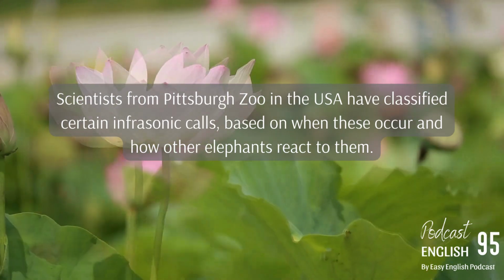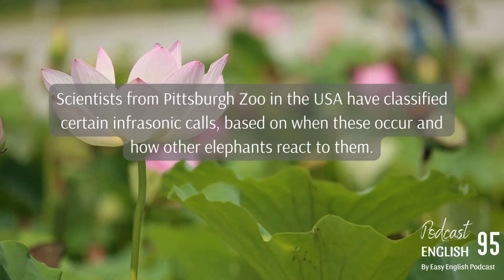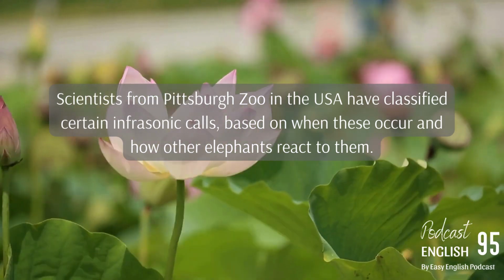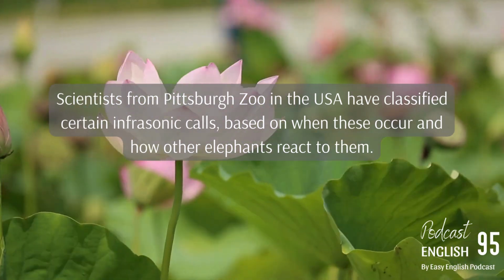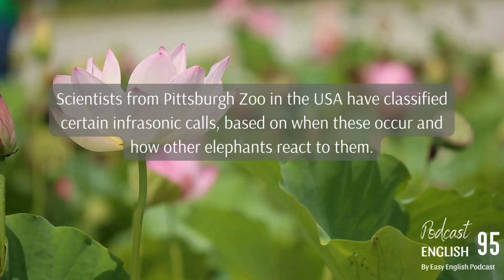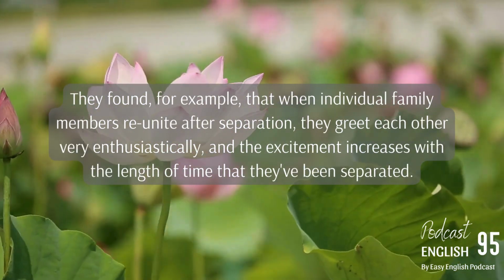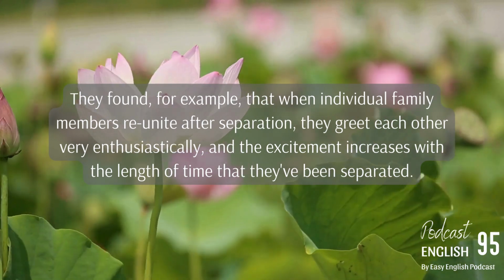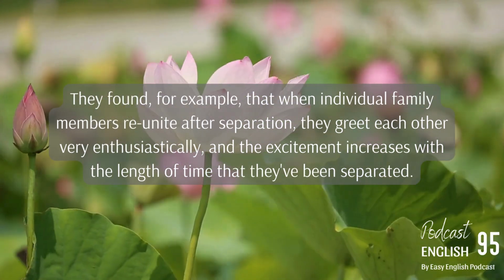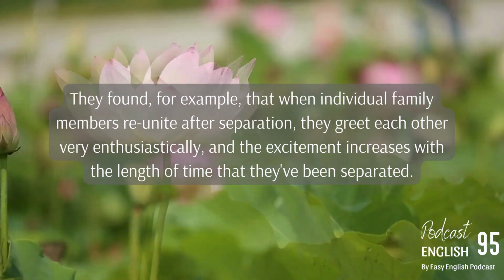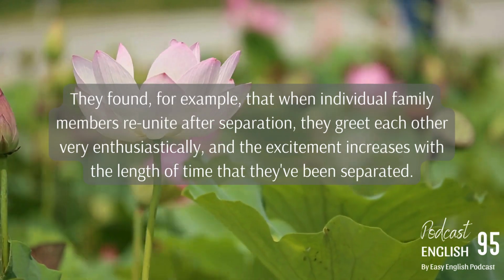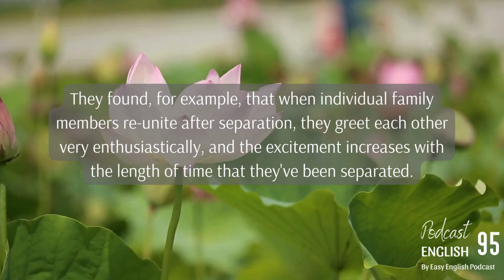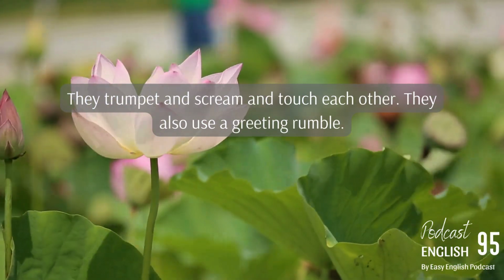Scientists from Pittsburgh Zoo in the USA have classified certain infrasonic calls based on when these occur and how other elephants react to them. They found, for example, that when individual family members reunite after separation, they greet each other very enthusiastically, and the excitement increases with the length of time that they've been separated. They trumpet and scream and touch each other.